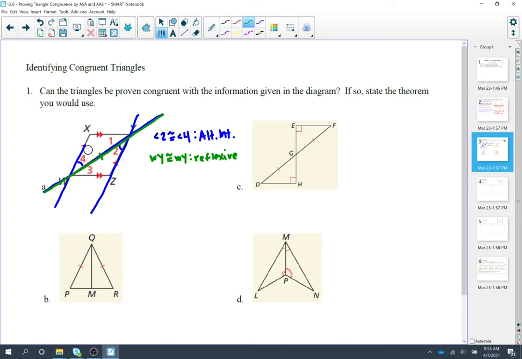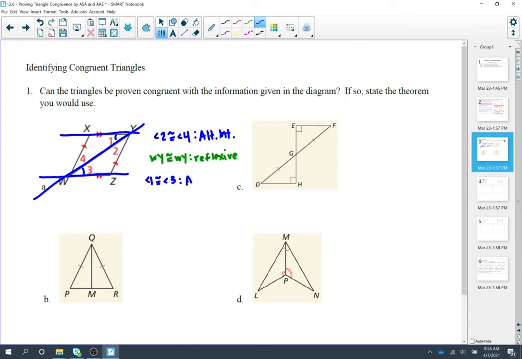Then, let's consider the other set of parallel lines. So if we consider this one's parallel and this one's parallel and cut by that same transversal, then we have angle 1 is congruent to angle 3.